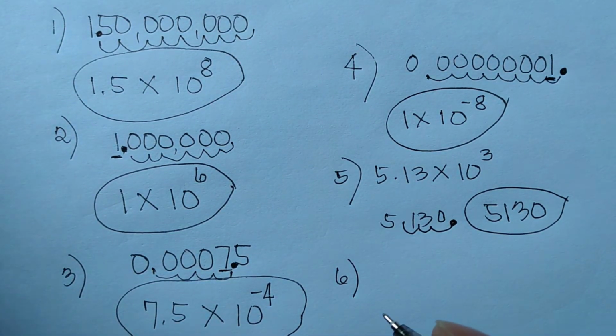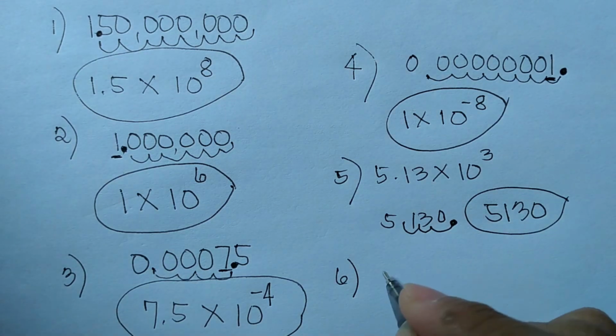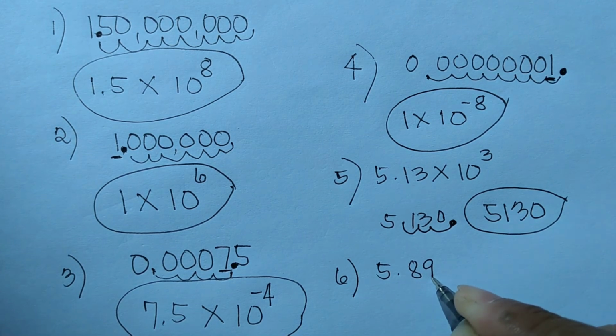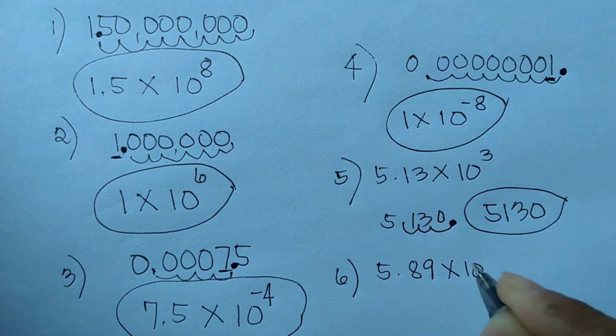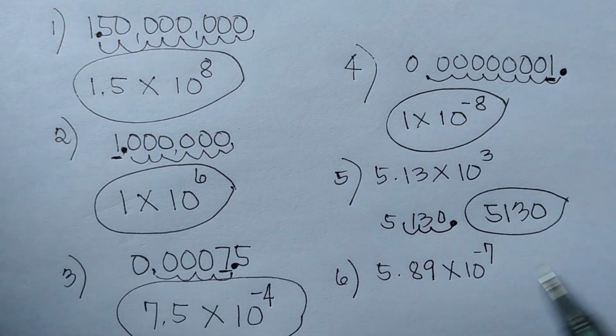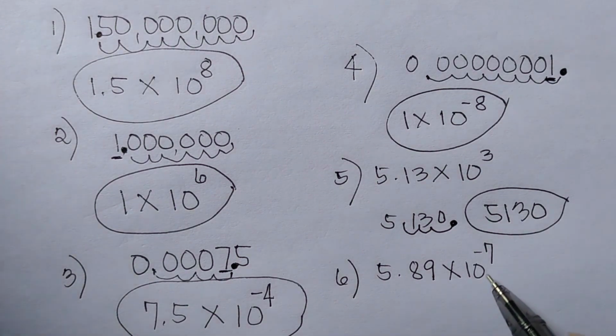Another. We have 5.89 times 10 to the negative 7. Blue light has a wavelength of 5.89 times 10 to the negative 7 microns.